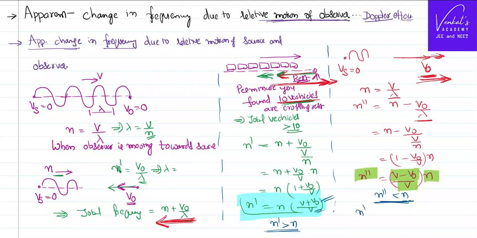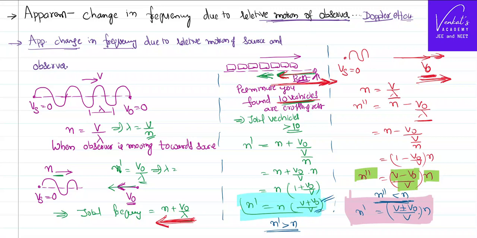So you can write a general format, (v plus or minus vo) by v of n, as the equation for the apparent frequency in the Doppler effect. Plus has to be used when the observer is approaching, and minus has to be used when the observer is receding away from the source.